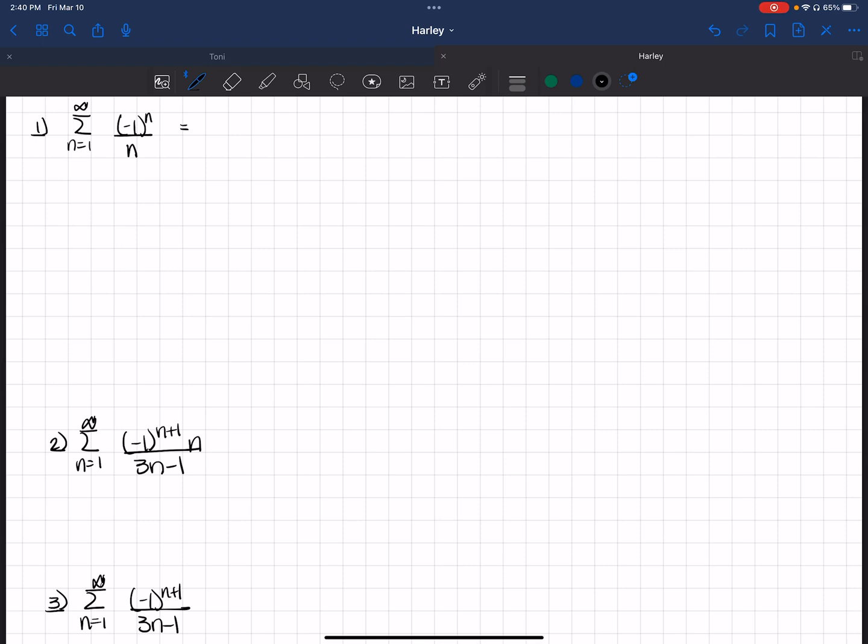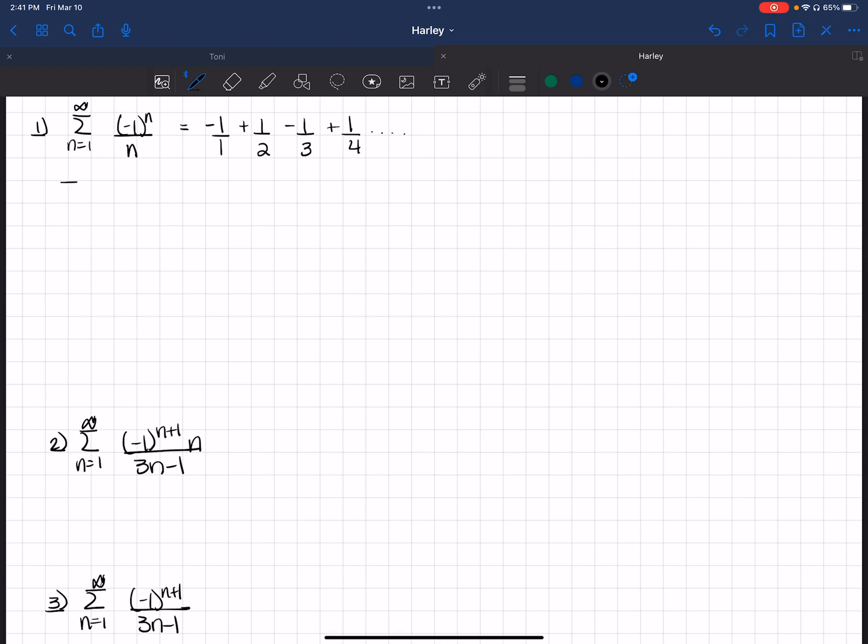So the first thing I like to do is we're going to start out and list a few terms in the series. If I put 1 in there, that's going to give me -1 over 1, okay? If I put 2, that's going to give me plus 1 over 2. If I put 3, that's going to give me -1 over 3. If I put 4, of course, that's going to give me plus 1 over 4, and it's going to keep going.